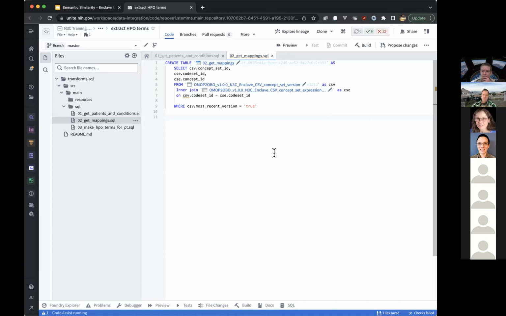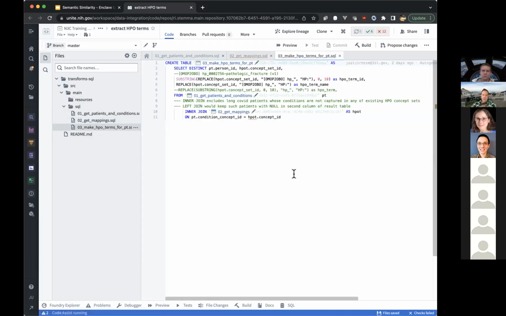In version 2 you get a lot of new goodies, and Tiffany can probably tell you in great detail what the difference is. But version 1 works pretty well for our use case, and version 2 does exist if for some reason you want to check that out. Anyway, this will basically get you the mappings from the condition occurrence table to HPO terms. These are the actual mappings.